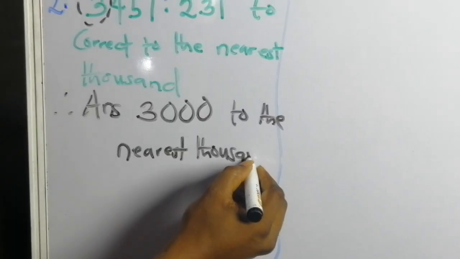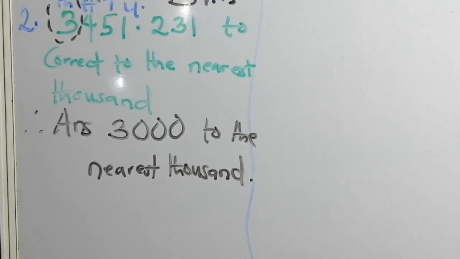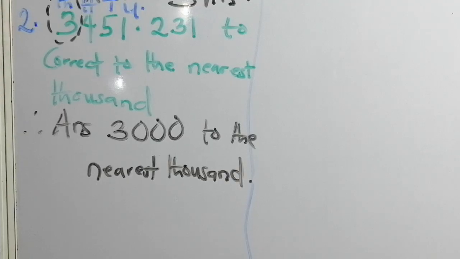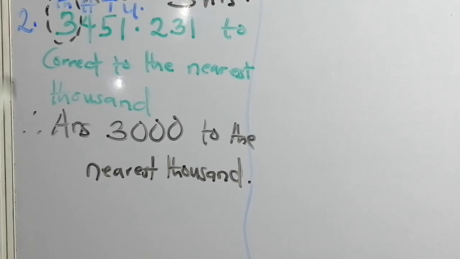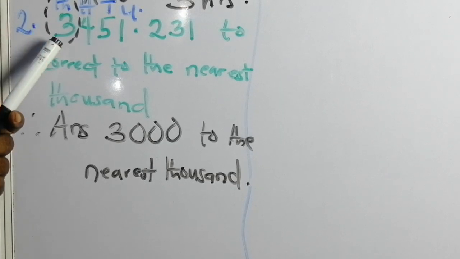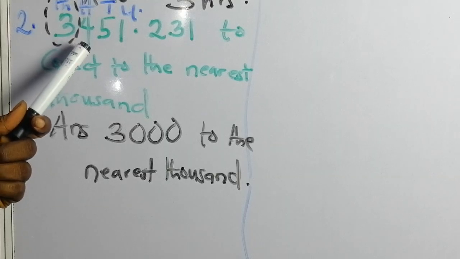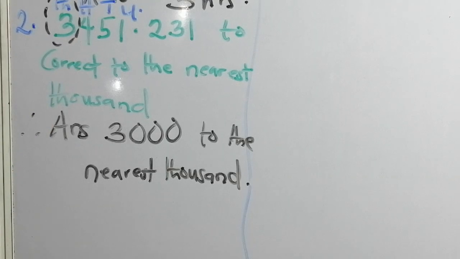You see that this topic is very important because you might solve a particular question and they say conclude, approximate to the nearest thousand. So don't forget, we have thousand, hundred, tens, units. What is the value under thousand? It is 3. The next figure after 3 is 4, but that 4 is not up to 5 or greater than 5. Then the answer will be 3000 to the nearest thousand.